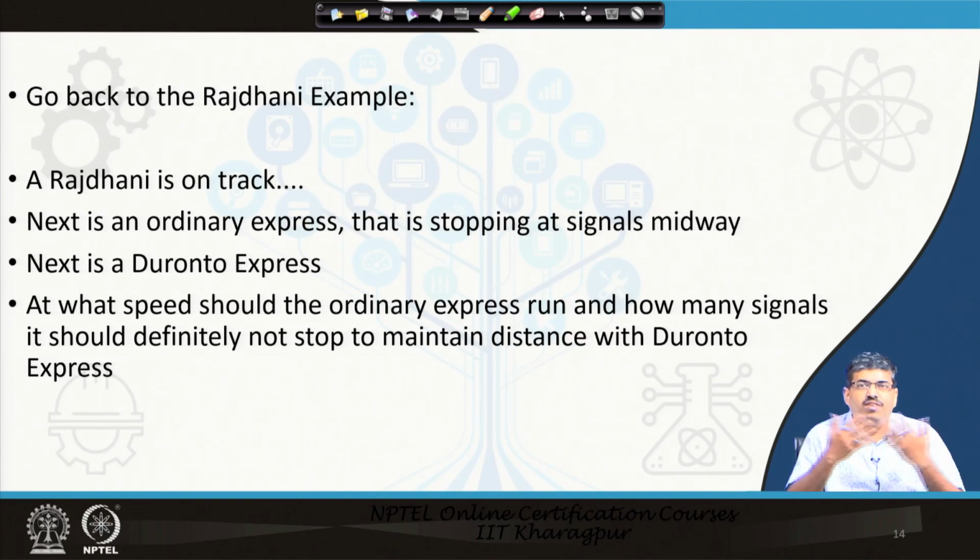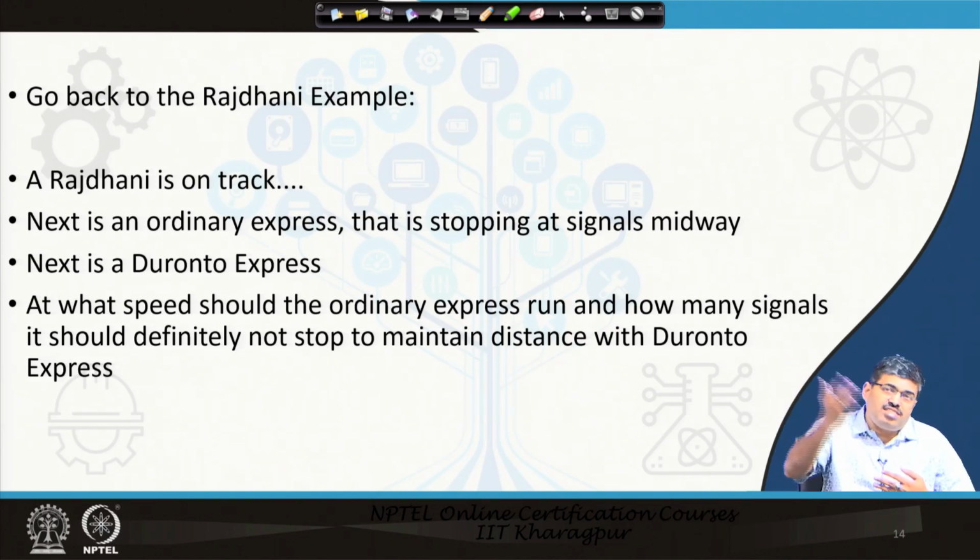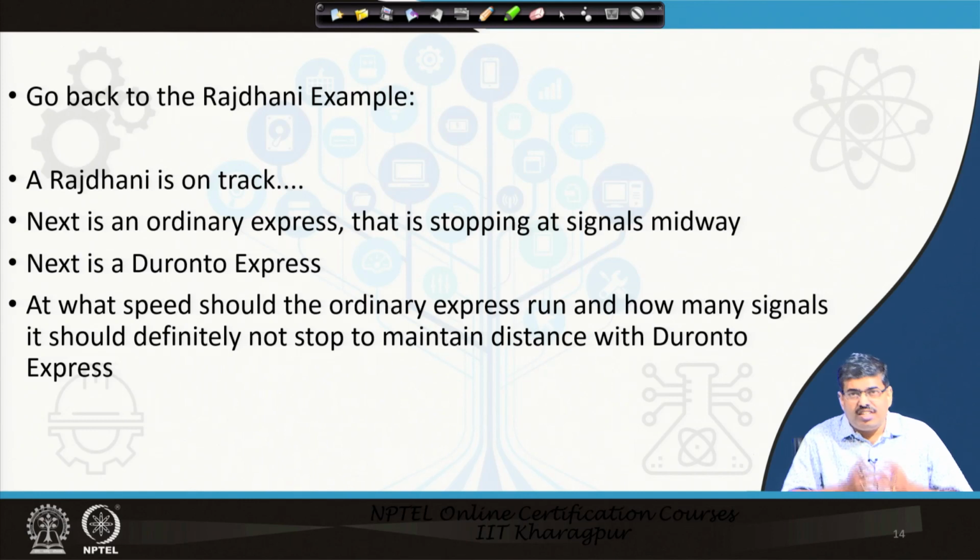There may be a level crossing. There may be another Rajdhani coming from another direction, and there is an intersection point. So, signal becoming red is dependent on so many other contingencies that this problem becomes very semi-structured, and in an extreme case it might become unstructured also.